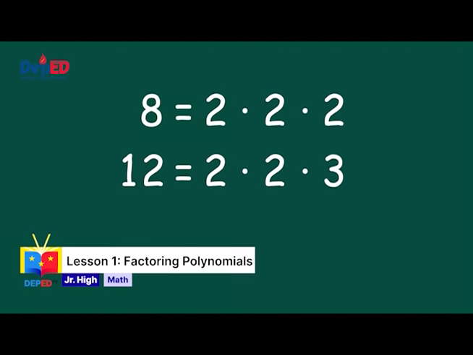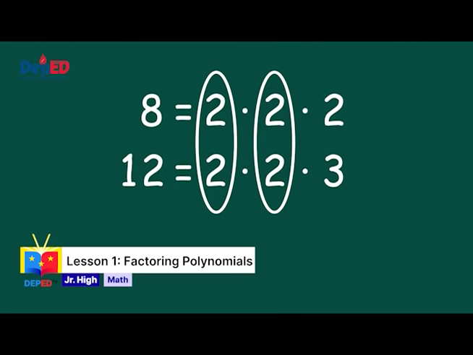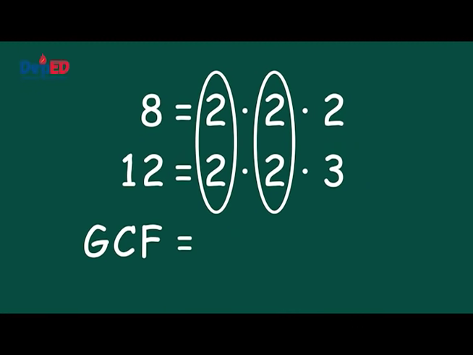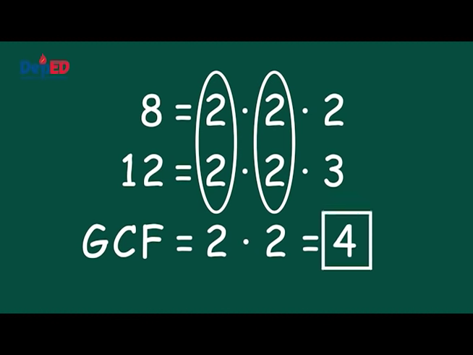Do you see the same number in each set of factors? Next, we identify common prime factors of the given numbers. We can show them by encircling the common factors by pairs. Last is to multiply the common factors. So what is the greatest common factor of 8 and 12? The greatest common factor is 4, which is the product of the common factors 2 times 2.